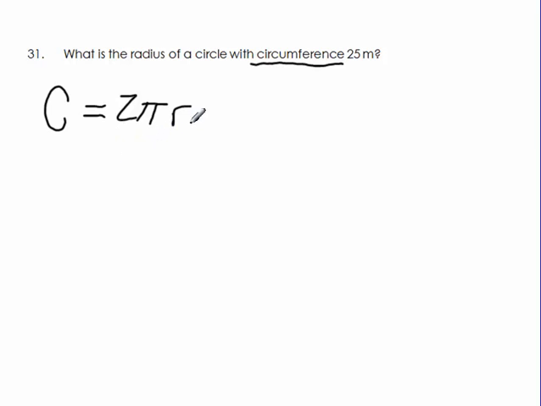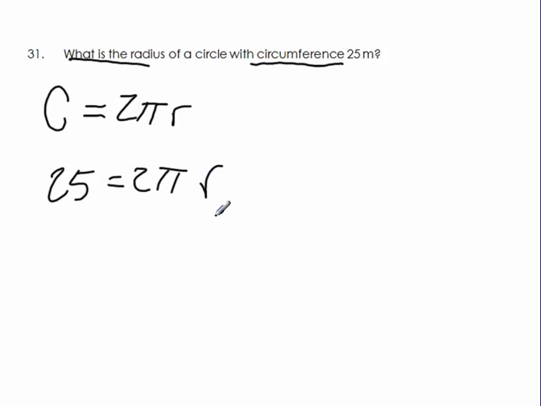So in this instance, I could solve for r first and then plug in 25 for my circumference, or I could simply plug in 25 for my circumference and then solve for r, because I am looking for the radius. What is the radius? That's the question.